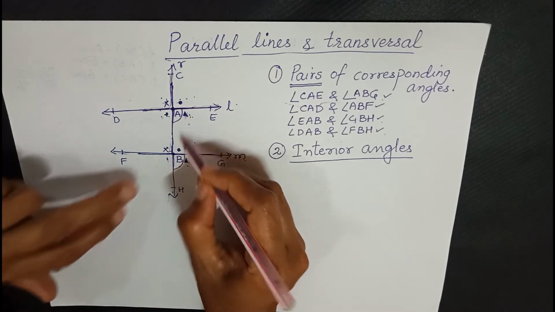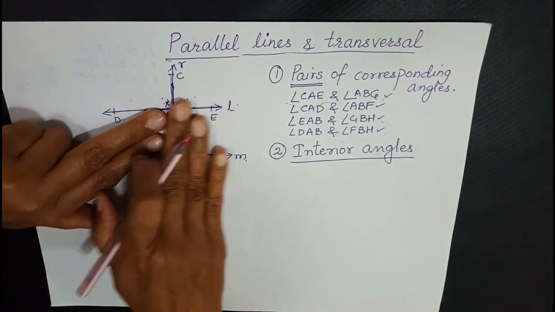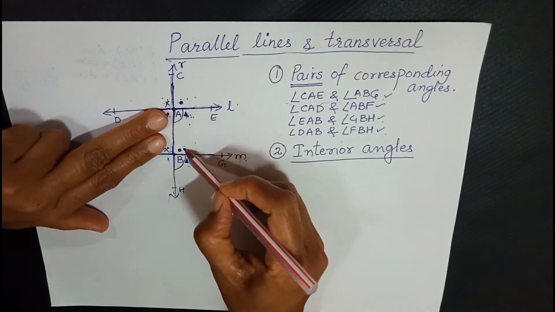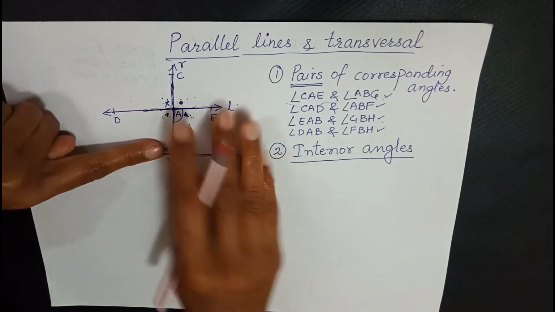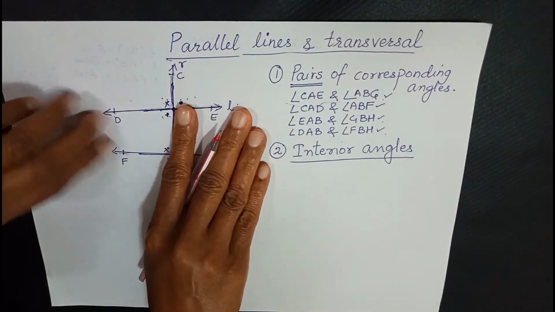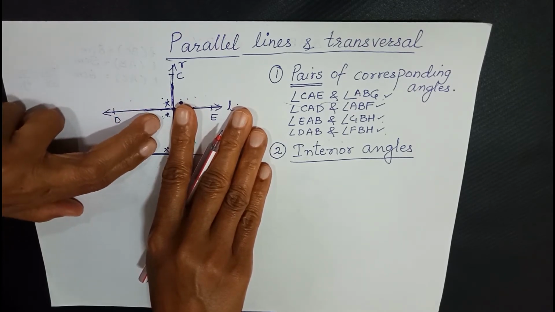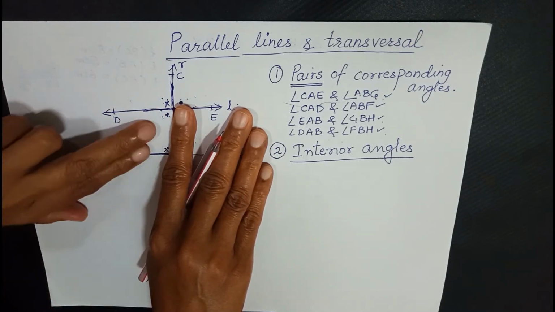You can see these two angles are on the same side of the transversal, on the right side. So these two angles together form one pair of interior angles. And these two angles are on this side of the transversal inside the parallel lines. So this becomes the second pair of interior angles. So there are two pairs of interior angles.